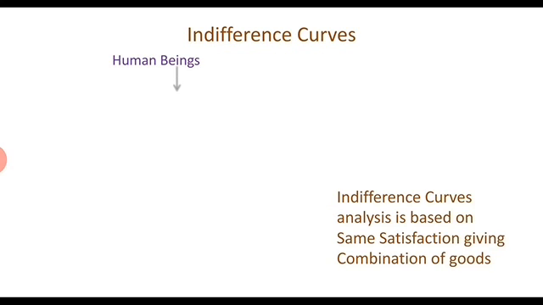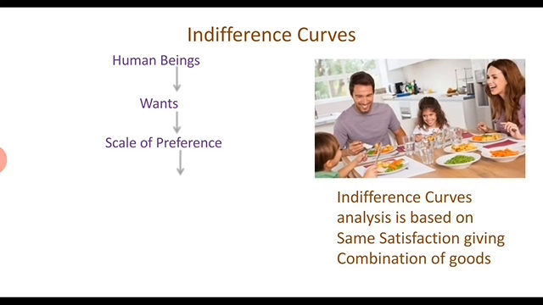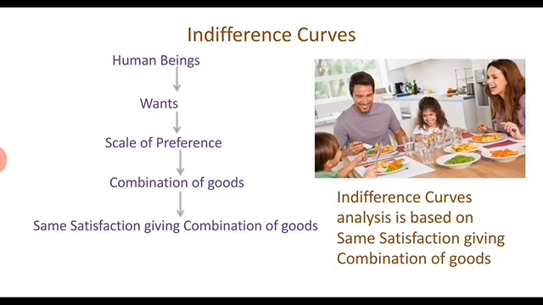As human beings, we have so many wants. These wants are fulfilled with the help of goods and services. In consumption, every consumer has a scale of preference. In this scale of preference, the consumer has some combinations of goods. Some of these combinations may give more satisfaction and some may give less satisfaction.